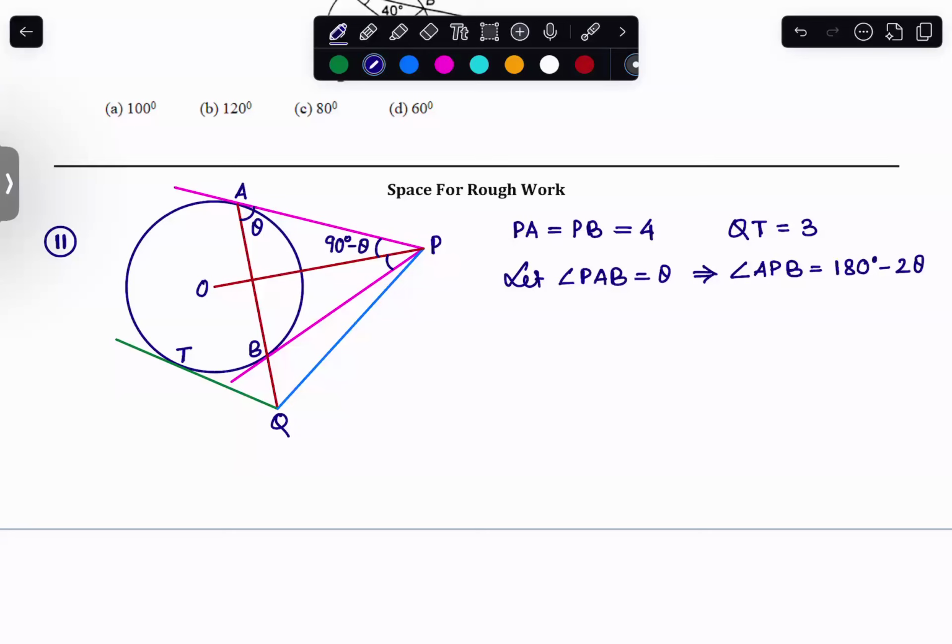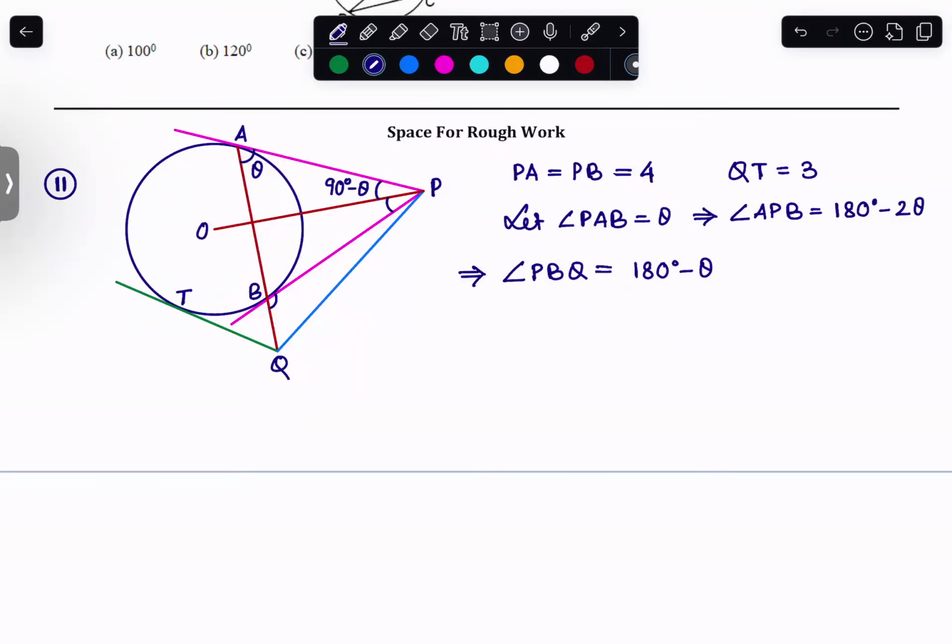And hence the opposite exterior angle, angle PBQ, being the sum of the opposite two interior angles. So that becomes 180 degree minus theta. Right?